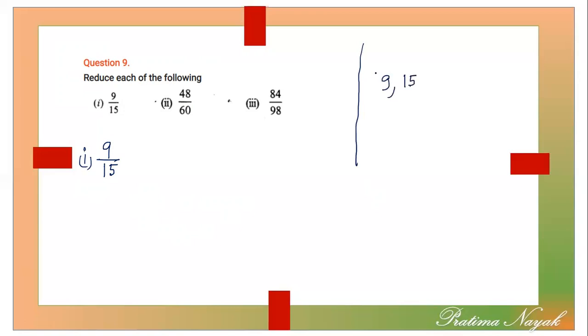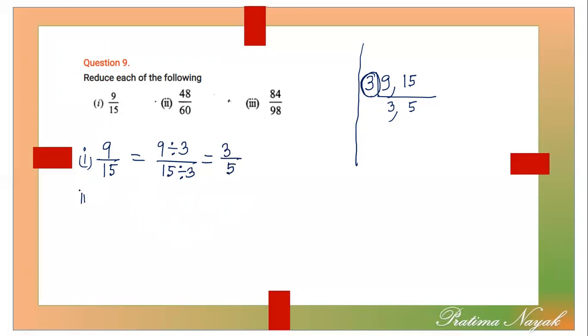To get the common divisor, think of the number which divides both of them. It is 3. 3 times 3, 3 times 5. So 3 is the greatest common divisor of 9 and 15. So I'll divide 9 by 3 as well as 15 by 3. So my answer is 3 by 5.